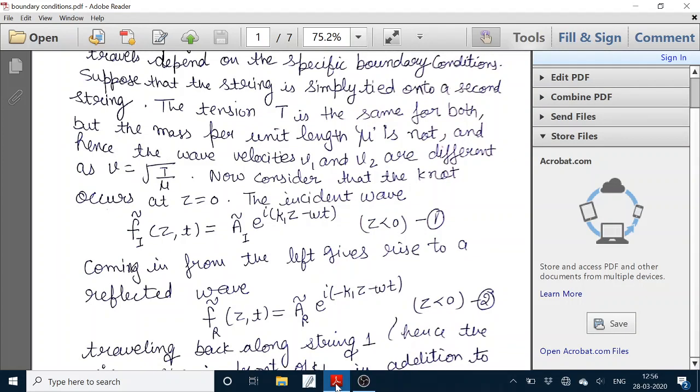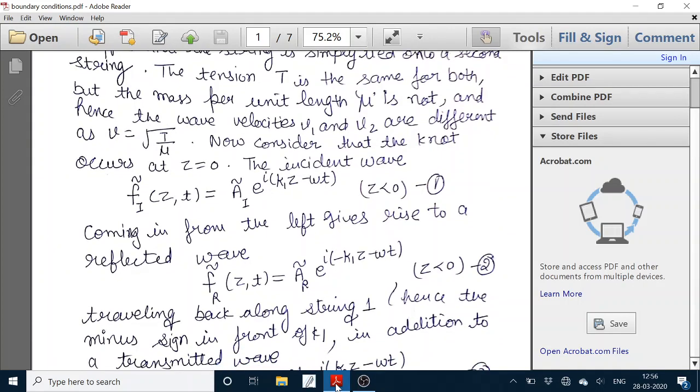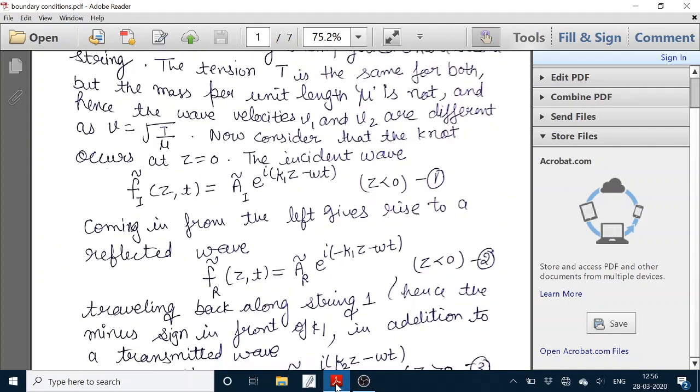Coming in from the left, it gives rise to a reflected wave. The wave function for the reflected wave is f_r, a function of z and t, equals A_r exponential i(minus k1 z minus omega t), and this is also for the region z less than 0.